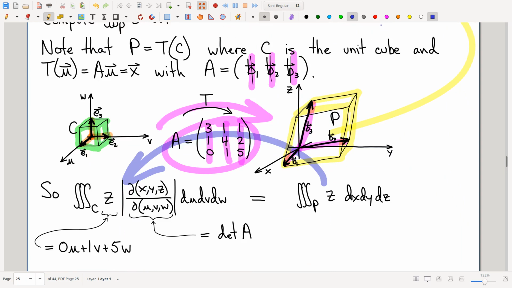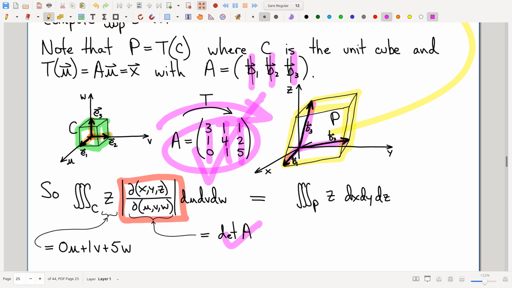Now, the stretching factor here is just a matter of computing the Jacobian determinant. Conveniently, I already have the derivative matrix. The derivative matrix is the matrix representing the linear transformation. So that's the derivative matrix right there. And you just have to punch up what its determinant is, and a little arithmetic.